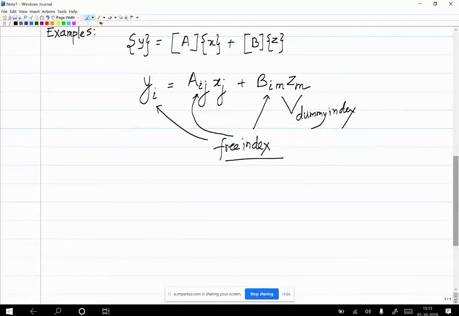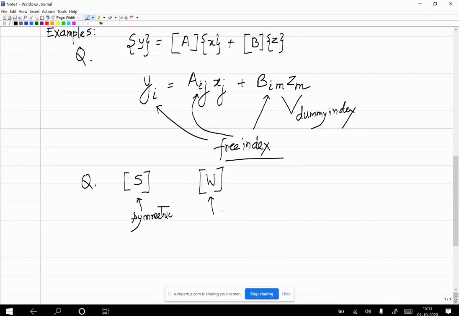Okay, let's do another example. It's a very nice example. Think of two matrices, S and W. S is symmetric and W is anti-symmetric.